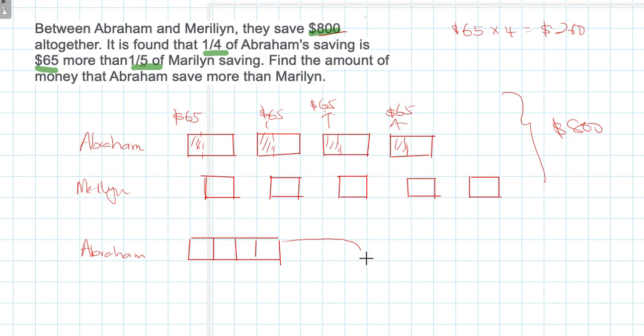Which is, I put a portion here, $260. Okay? And then now I can put this together because now their boxes are the same. So this one will have 5 boxes. Correct or not? Because I remove this dollar away to put it all at one corner. This box is equals to this box, this box is equals to this box, this box is equals to this box, and then this is alone.